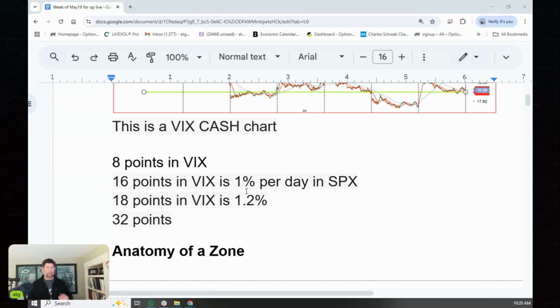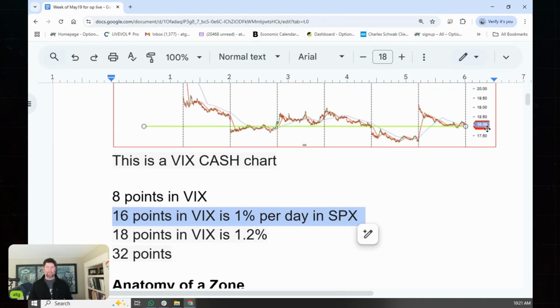So what I want you to do is when you see VIX as a number, it's going to give you what to expect for the S&P 500. So a 16 VIX is 1% per day in the SPX close to close. Okay. So a 16 VIX is 1%.